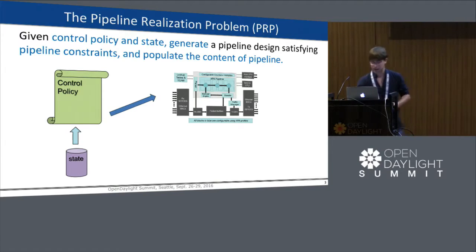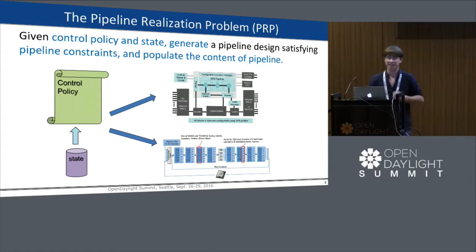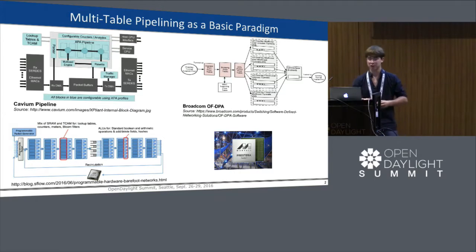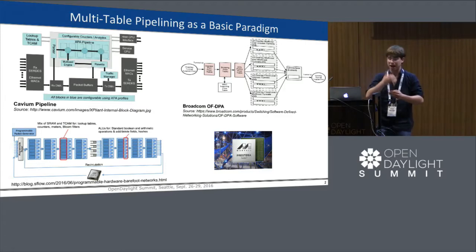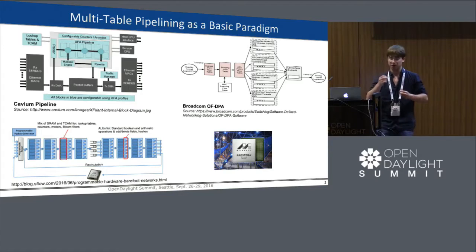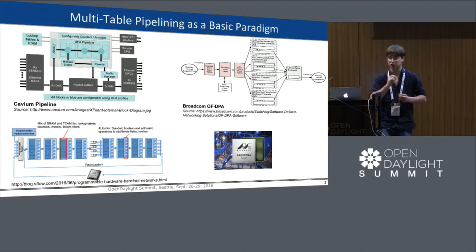What Magellan attempts to do is allow you to implement a given control policy and a given state on any type of switch you want completely homogeneously, such that the programmer can use the abstraction of the switch as a discrete entity and be freed from the need to consider how the flow table performs a lookup on that packet, stores metadata, and as the packet progresses through the stack of flow tables, the router comes to a conclusion based on the metadata generated by the flow tables and the flow tables' reaction to the packet themselves.